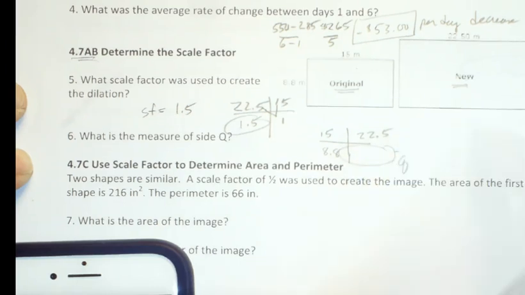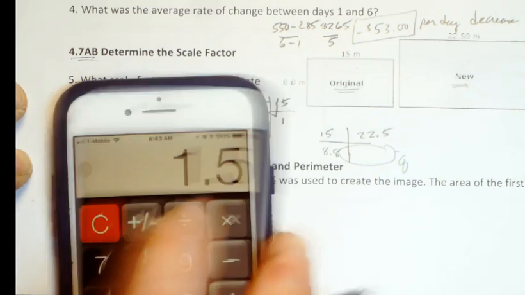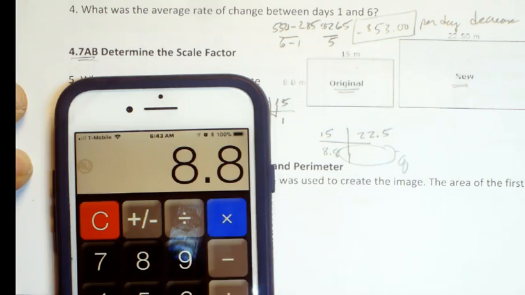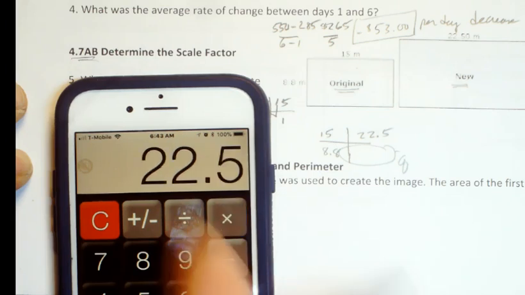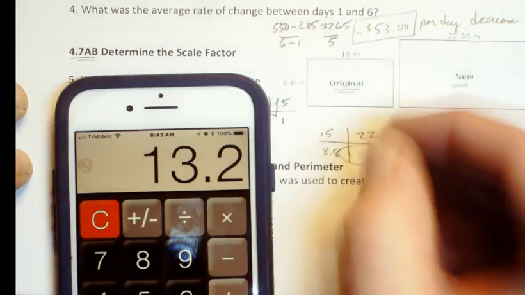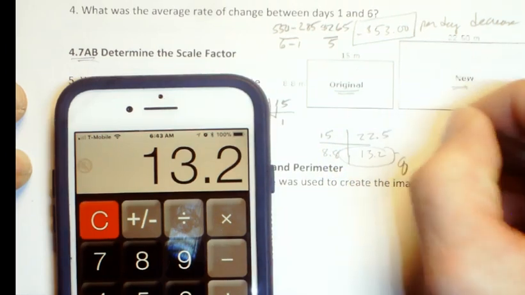We'll label it here. We're going to multiply diagonally there. 8.8 times 22.5, and we are going to divide that by 15. Got 13.2.